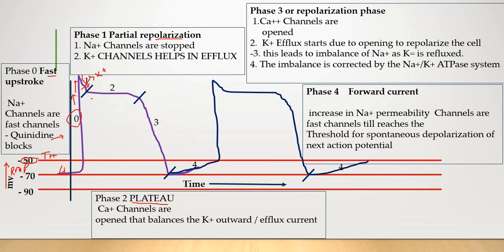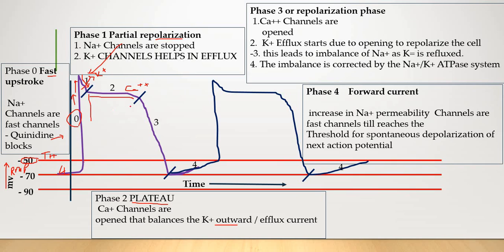This is the plateau phase. This is usually with the entry of calcium, just to balance the potassium outward efflux that happened in this stage. So what happens in this plateau? The calcium gets inside, and this is a very slow phenomenon.